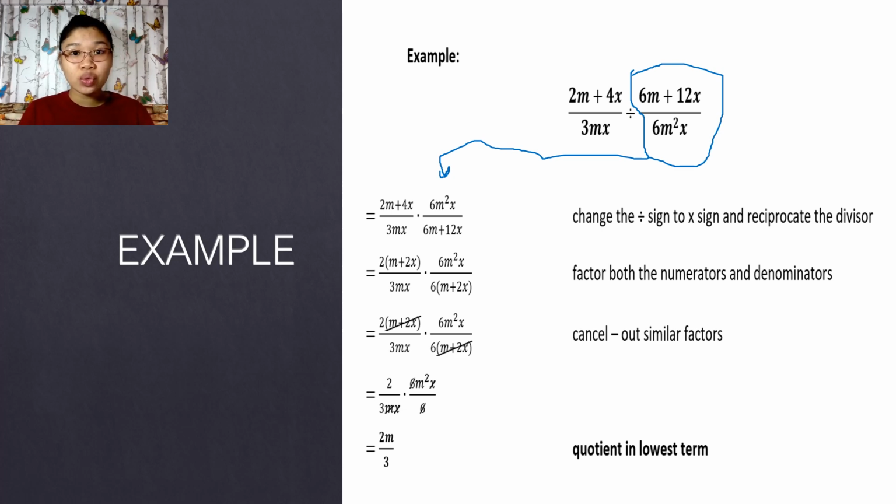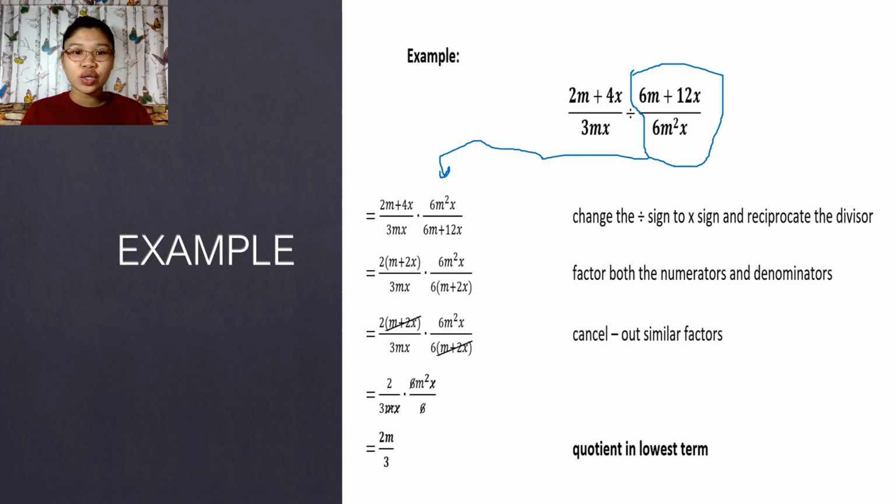And then upon doing that, change the division sign to the multiplication sign, and proceed to the process of multiplication. And by doing the process of multiplication, kindly factor completely the numerators and the denominators.